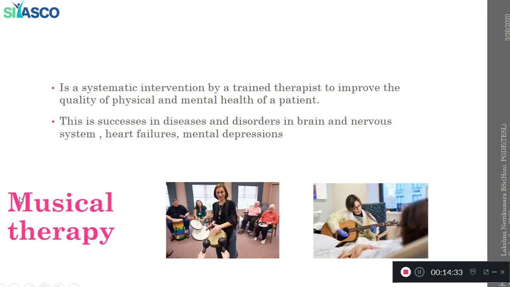In some countries, music therapy is used not only to upgrade the quality of life of patients, but also for different educational purposes. Many researchers have proved that music therapy can be used to cure diseases and disorders in the brain and nervous system, heart failures, and mental depression.